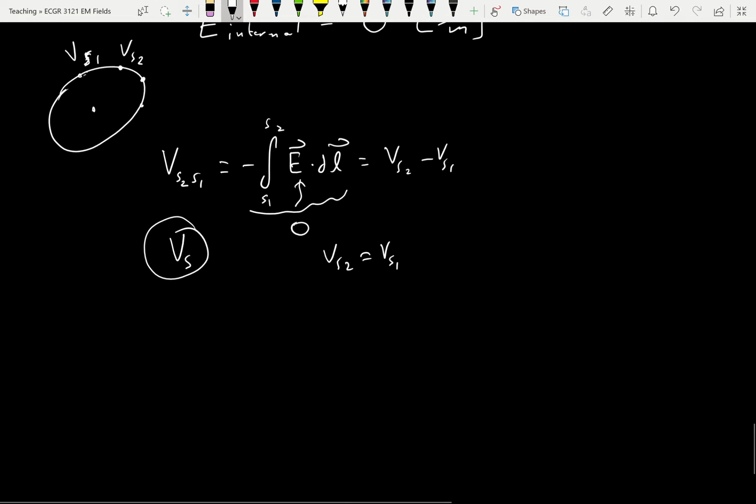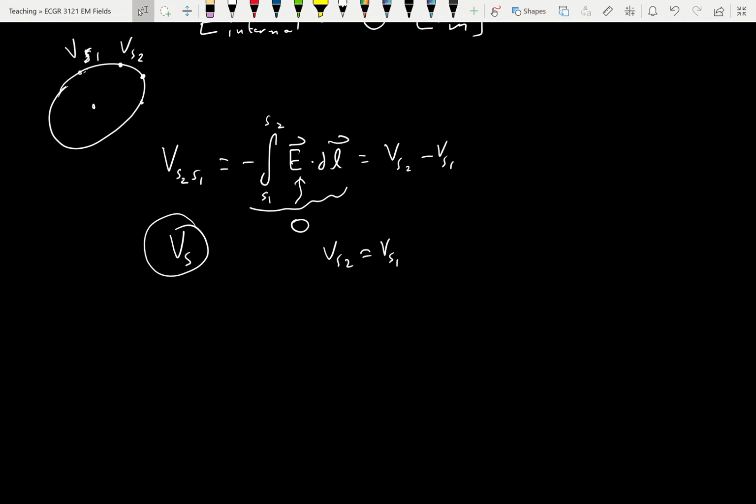What about the potential on the interior? Well, again, I'm going to take the potential on the surface. We said if we know the potential on the surface at one point, it will be the same at any point on the surface. What about somewhere in the interior? Let's say on the surface I'm at point A, and in the interior I'm at point B. What's V interior at point B?